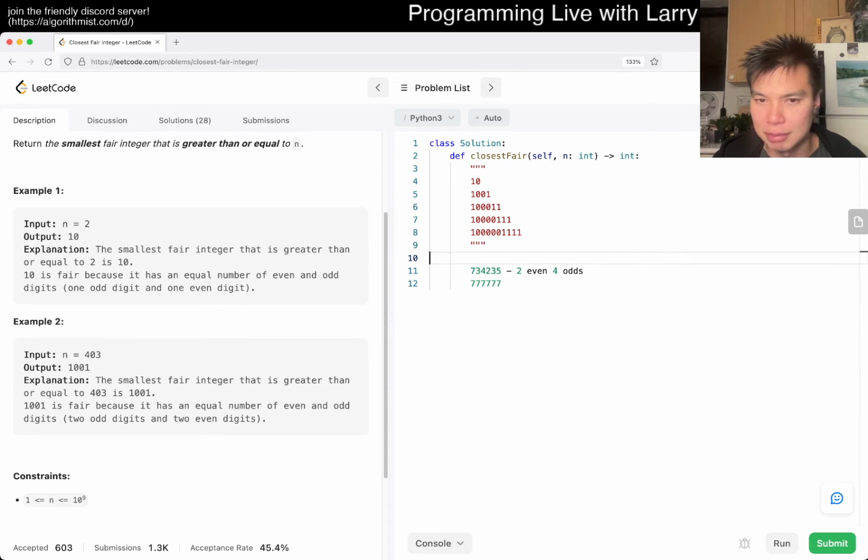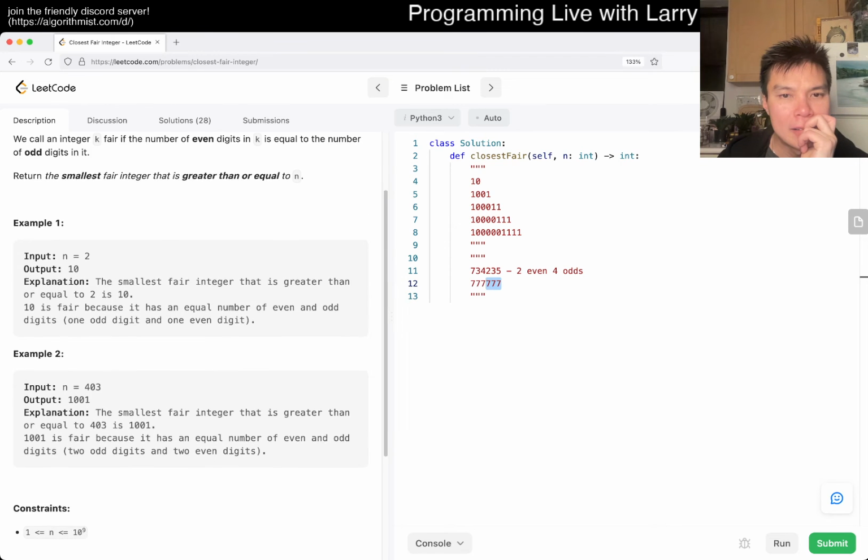We have 6 odd digits, and we want to get to 3 odd, 3 even. For example, you could just say 888, right? That's an obvious answer, but it's not the smallest answer, because the next answer is actually 800.